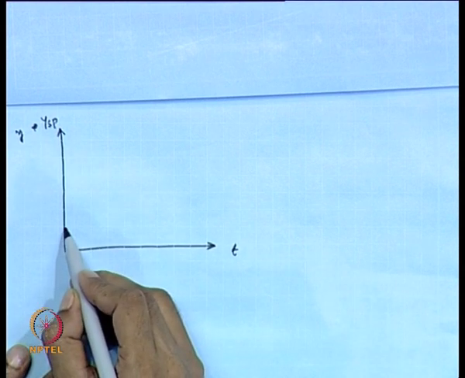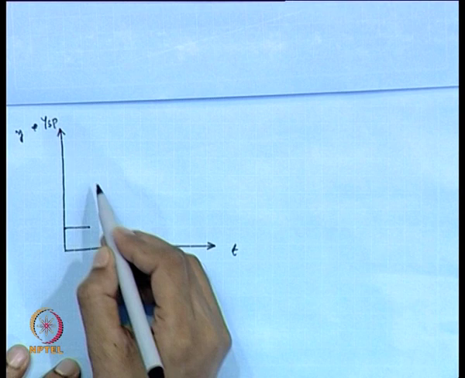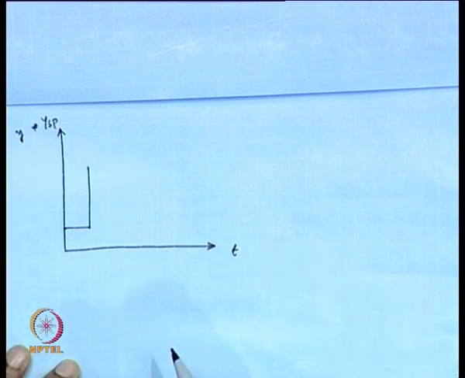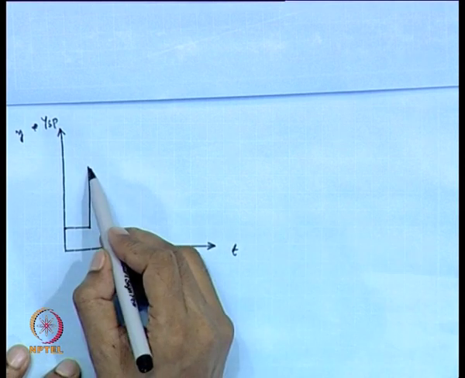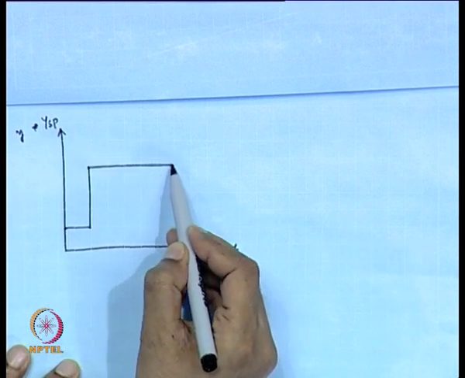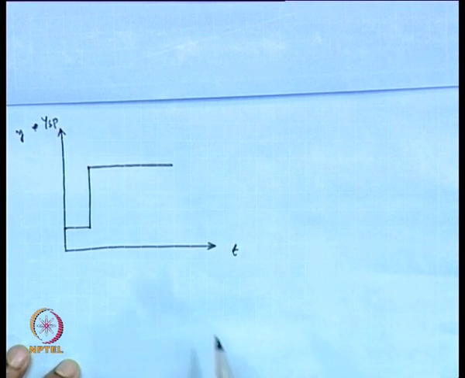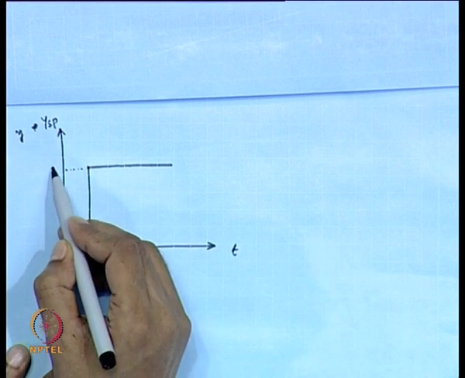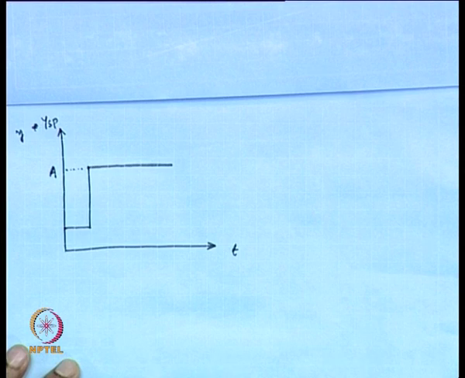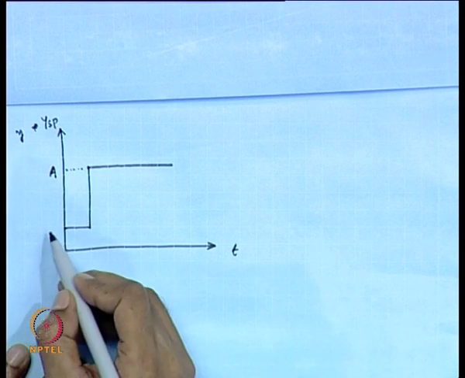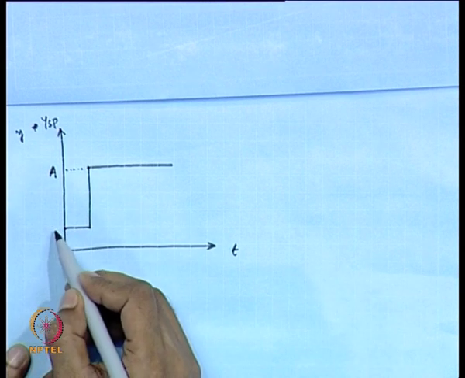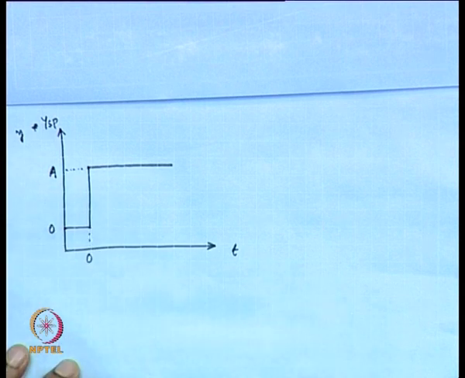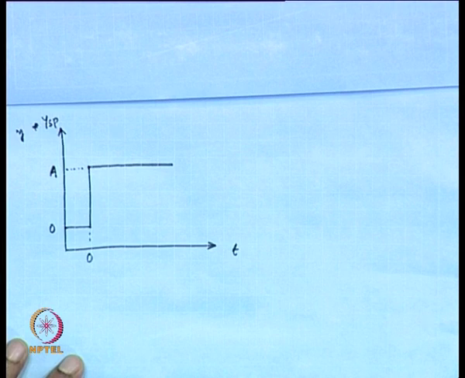Now, we consider a step change in set point with magnitude A. Initially it was 0, and we are introducing the step change at time equals 0.